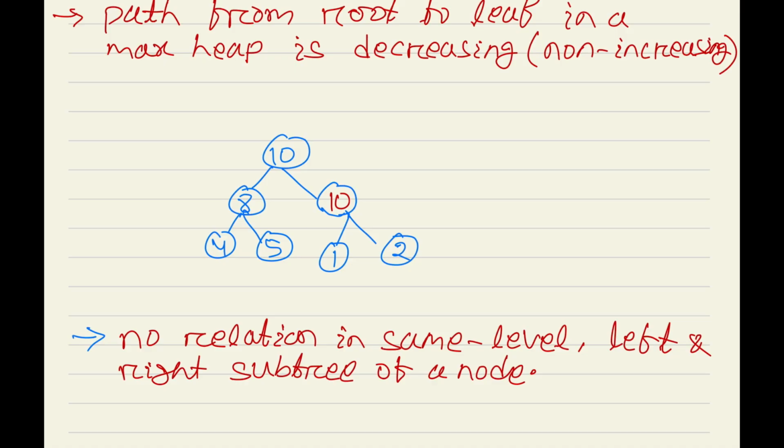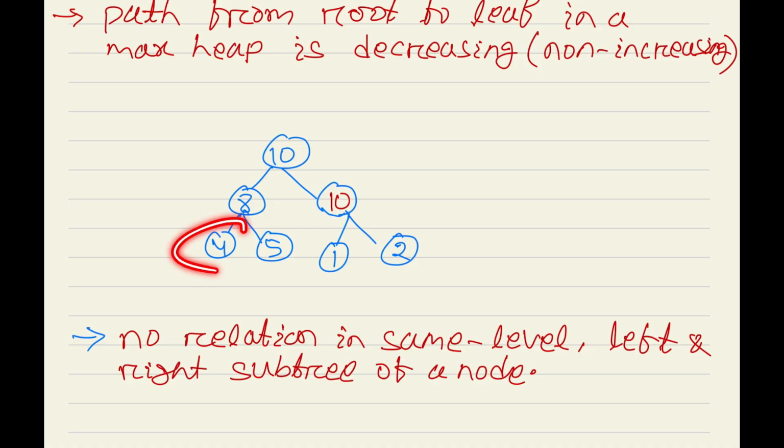Heap only defines the relation between parent and child. Here 8 and 10 are at the same level, so there is no relation between them. We cannot say that 8 is always greater than 10, or that the left child is always greater than the right child, or the right child greater than the left child.